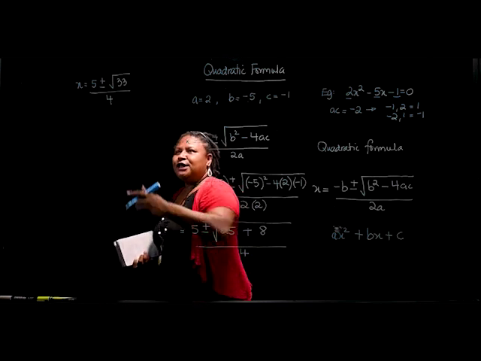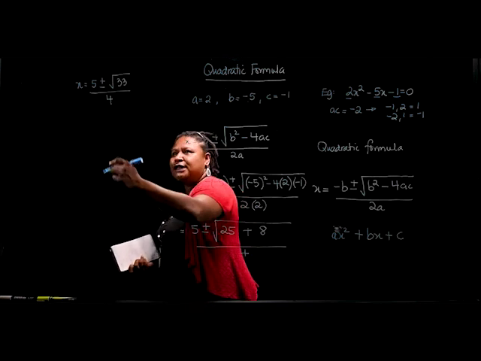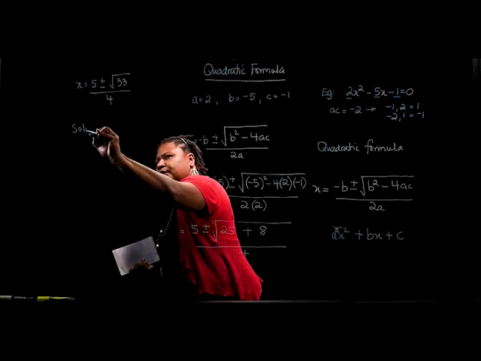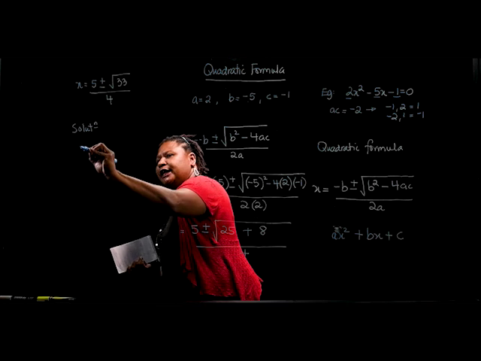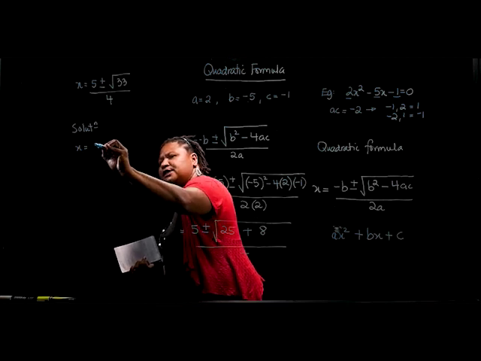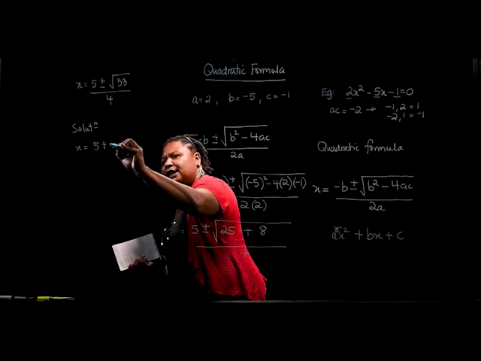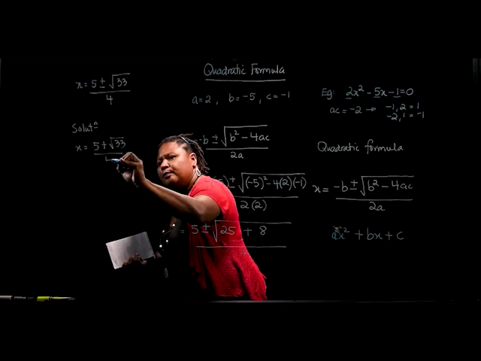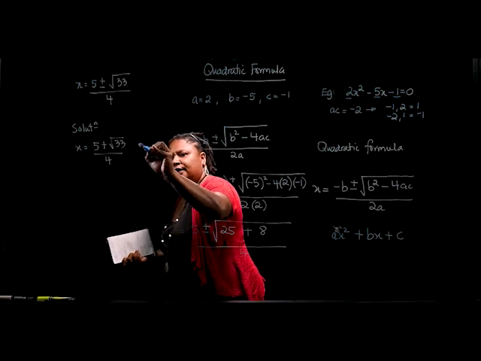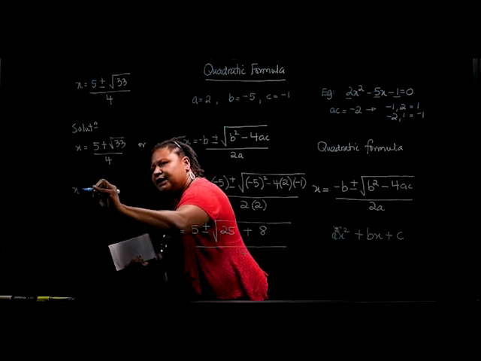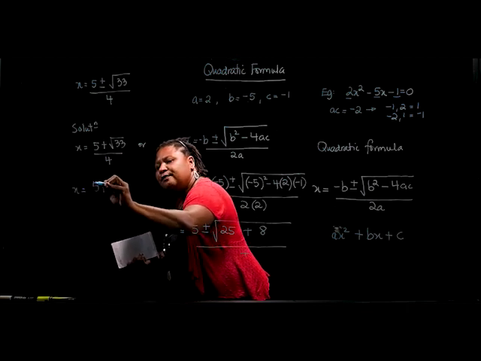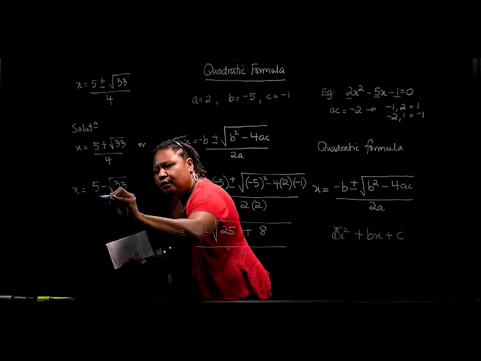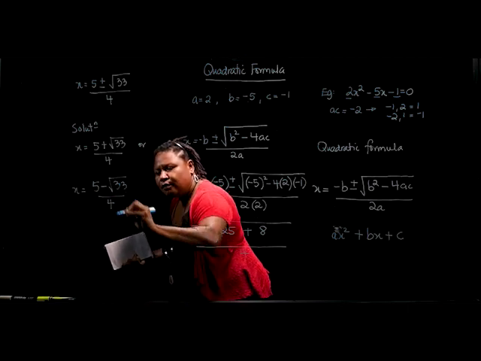So our solutions are x equals 5 plus root 33 over 4, and x equals 5 minus root 33 over 4.